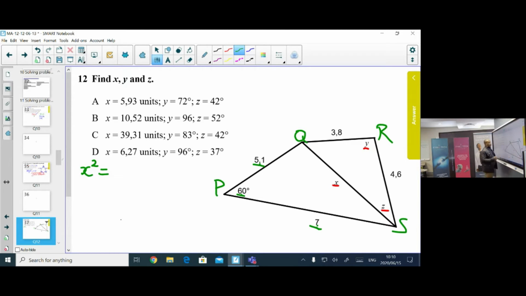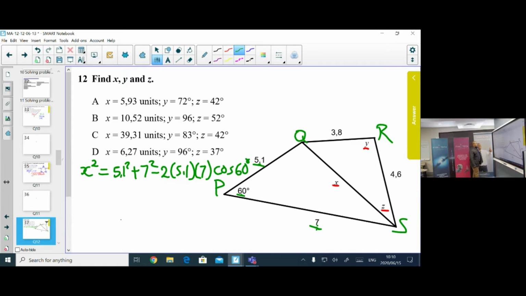RS, like that. And so eventually you'll see that there is a point in finding x where you have 5.1 squared plus 7 squared, because you take these two sides that include the angle, and then minus 2 times 5.1 and then 7 cos 60.